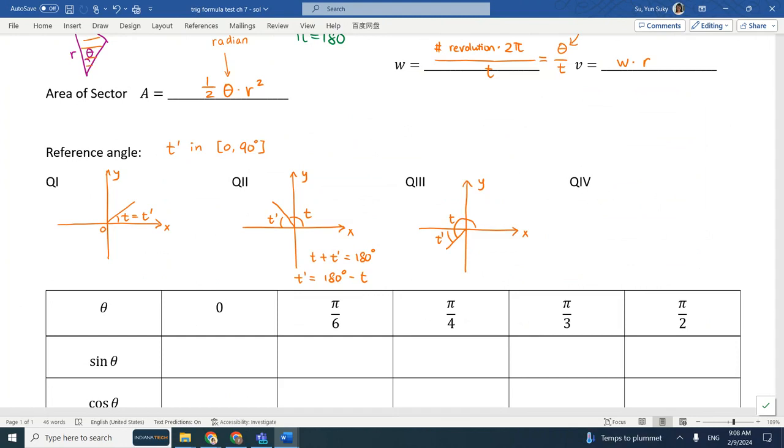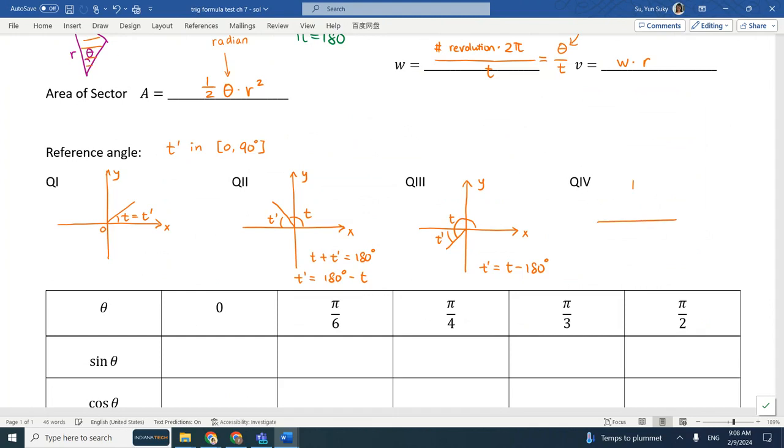That's t prime. And this whole thing is t. What's the relation between t and t prime? T minus 180, yes. So t prime is t minus 180 degrees. We can see that from the picture. Right, everybody?